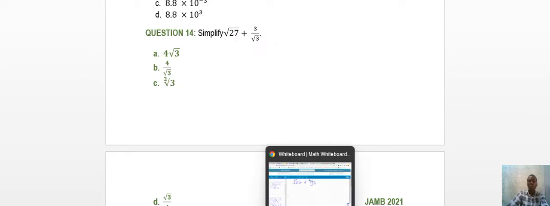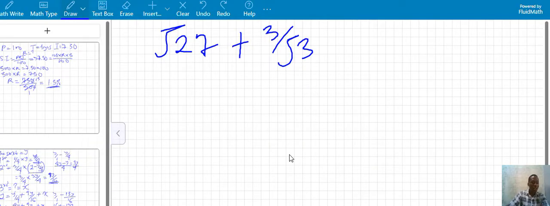Good, that's the question. Whenever you are given this question, you need one thing. The first thing you need to do is to make sure that you rationalize in such a way that this denominator will no longer be an irrational number.